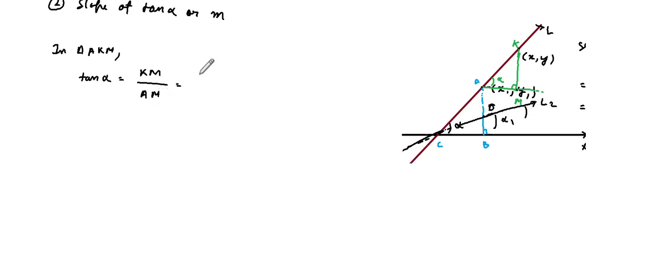Now KM will be equal to y minus y1, and similarly AM will be equal to x minus x1.